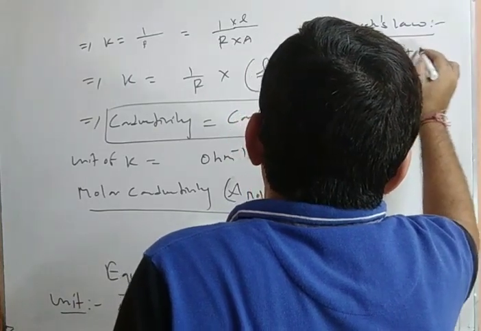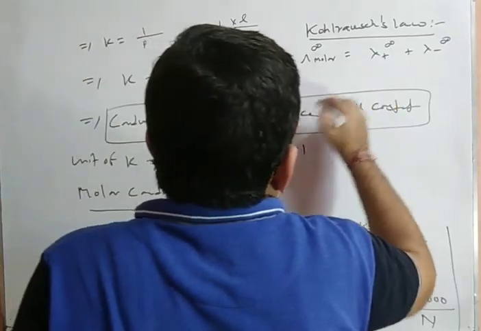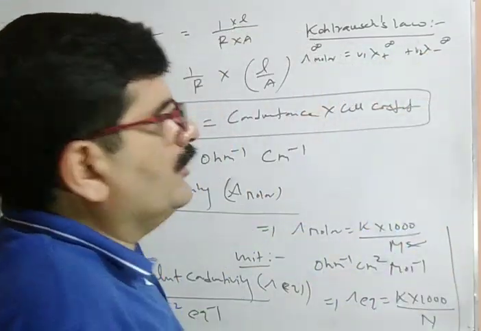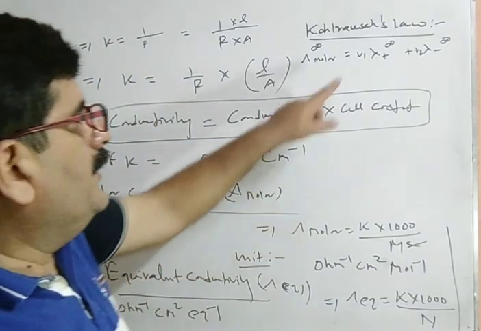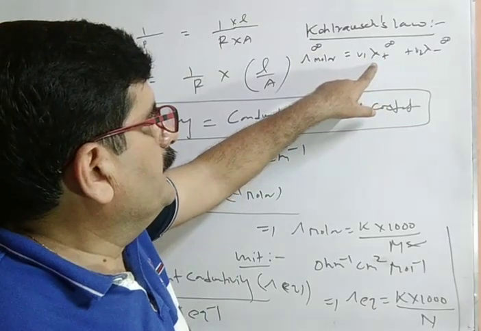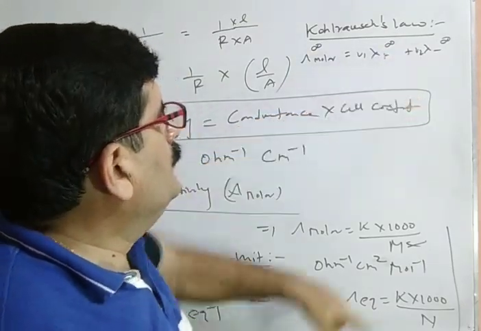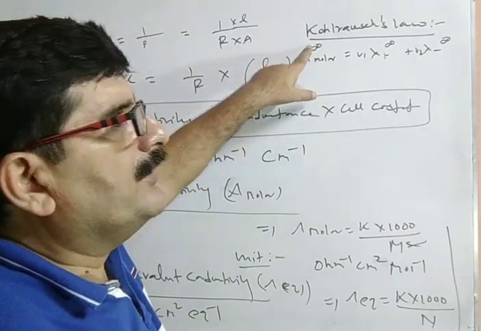Lambda infinity is equal to nu 1 lambda plus infinity plus nu 2 lambda minus infinity, where nu 1 and nu 2 are called what? Number of cations and anions. So when molar conductivity of cation and anion are given, the sum of these two is said to be the molar conductivity of the electrolyte at infinite dilution.